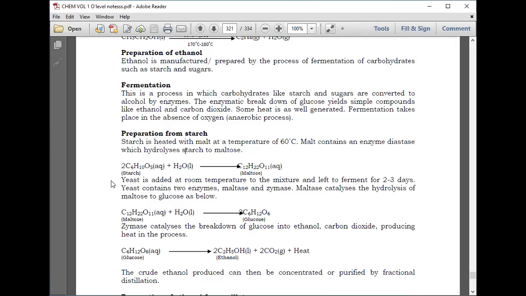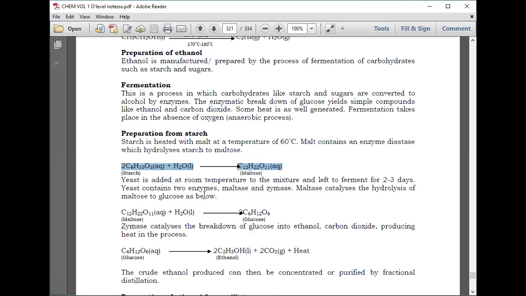So we have malt and yeast. Malt is heated with starch, and malt contains an enzyme, diastase, and diastase converts starch to maltose.